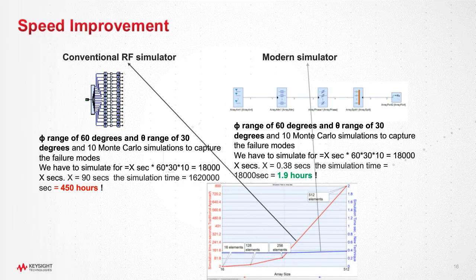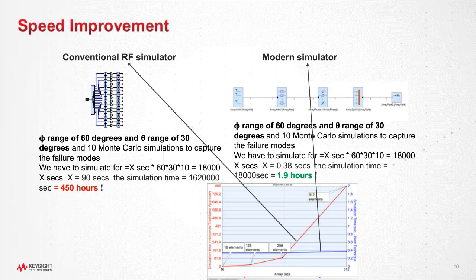So one question that we need to ask is, is it true only for the 256 elements? Is that the limit? The answer is no. We explored further, and as we increased the number of elements to 512 and beyond, the simulation speed became very slow.